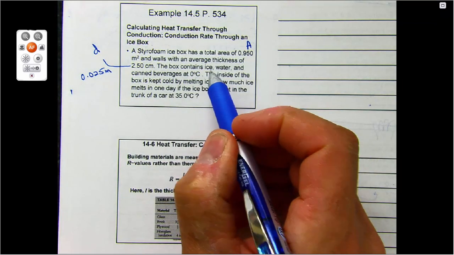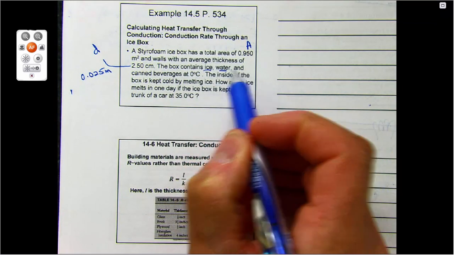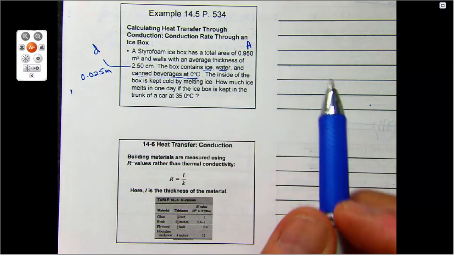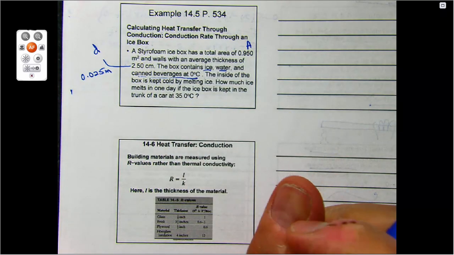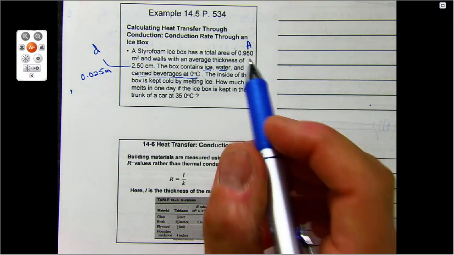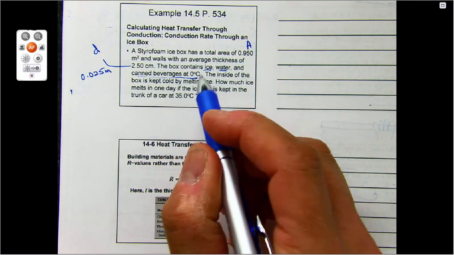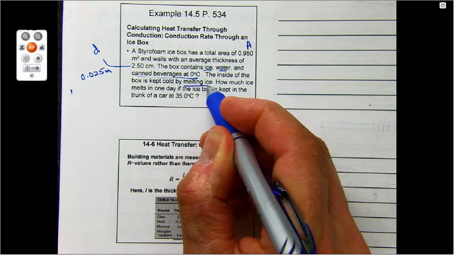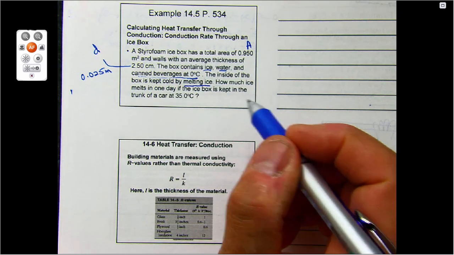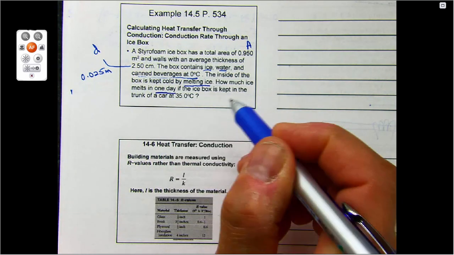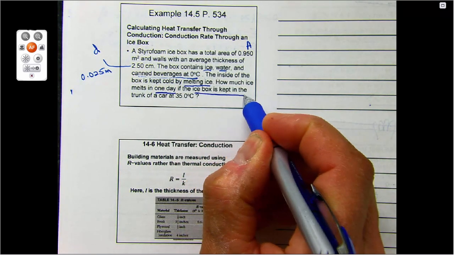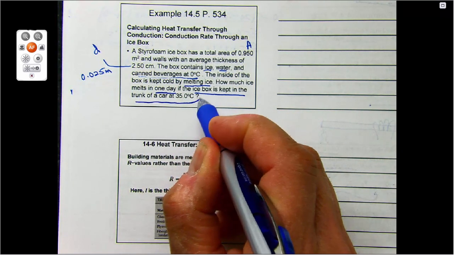The box contains ice, water, canned beverage at 0 degrees Celsius. The inside of the box is kept cold by melting ice. How much ice melts in 1 day if the ice box is kept in the trunk of a car at 35?